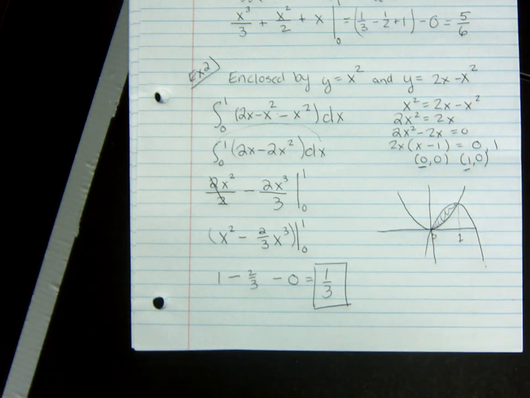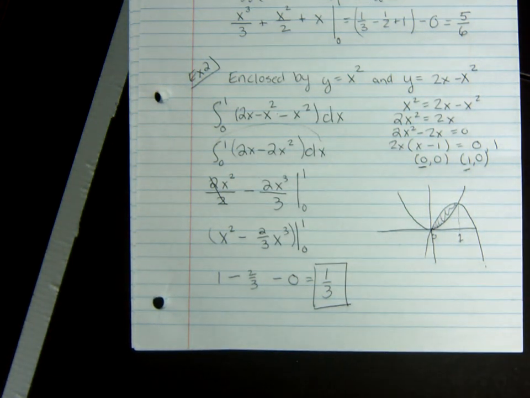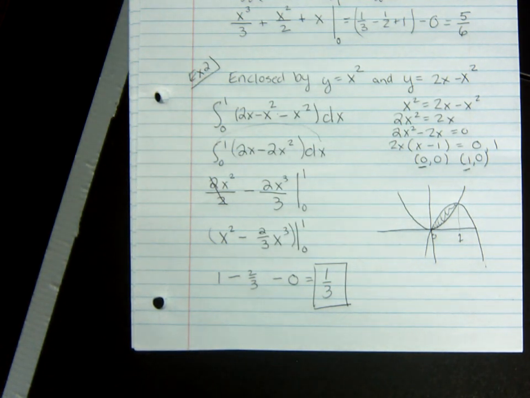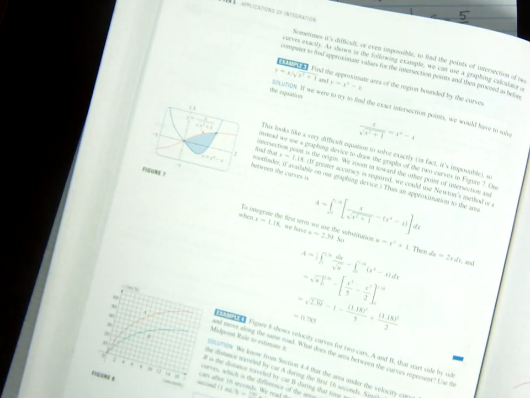Alrighty, that takes us to example 3. Example 3 is an interesting looking graph. And you might say, well, how do I graph these? How do I know what the graphs look like? Well, if you're not real great at graphing by looking at it visually, then you use the graphing calculator simply.